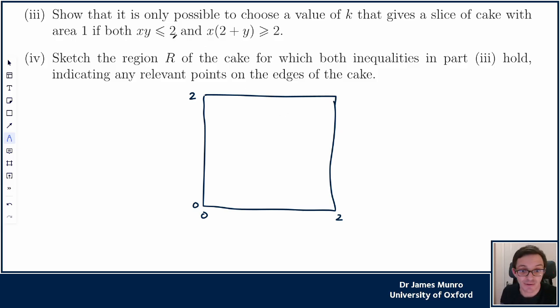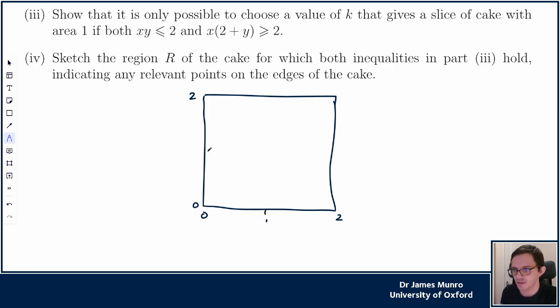So these are the 2 inequalities. xy is supposed to be less than 2, and x times 2 plus y is bigger than 2, or equal to in both cases. Let's start with xy less than or equal to 2. So xy is equal to 2 on the line y equals 2 over x.